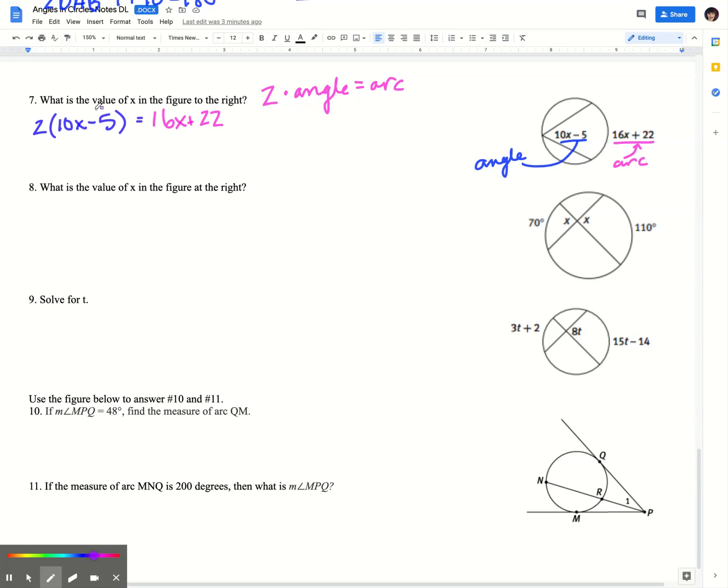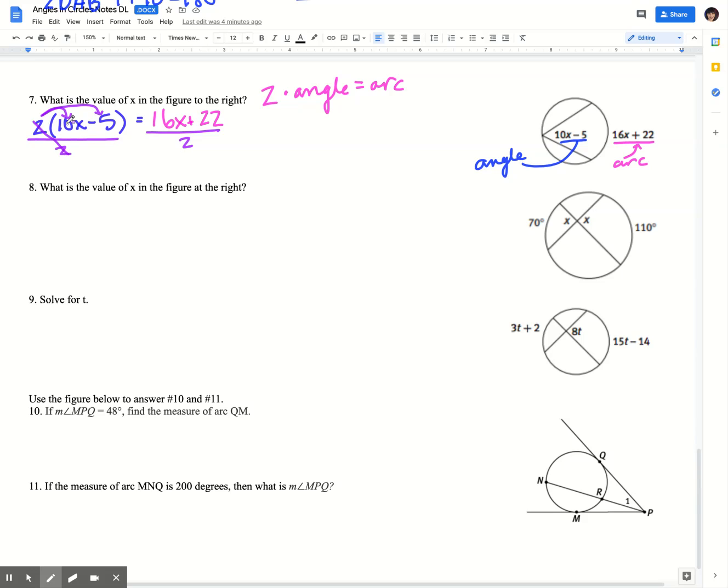So now here's the thing. I have two different ways that I could solve this. I could use my distributive property to distribute the 2 and multiply the 2 through. If you want to do it that way, you absolutely can. But there's another way you can solve this, which is by dividing both sides of the equation by 2 to cancel that 2 out. The reason I'm going to do it that way is just so that my numbers stay a little bit smaller and it's a little easier for me to solve.